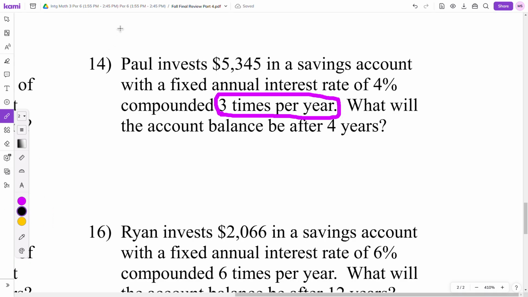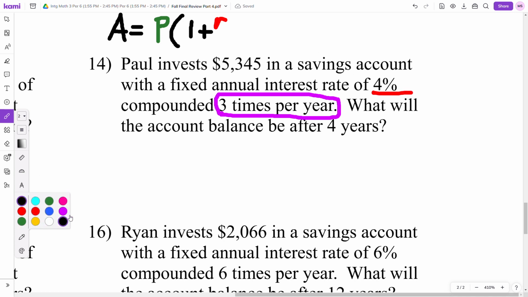So remember, the formula is that the final amount equals the principal times 1 plus, don't forget that 1, R. R is the interest rate as a decimal, and I'll go ahead and fill it in in just a second, divided by N, which is the number of times it's compounded.